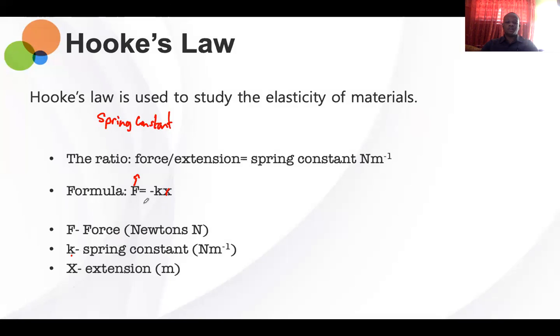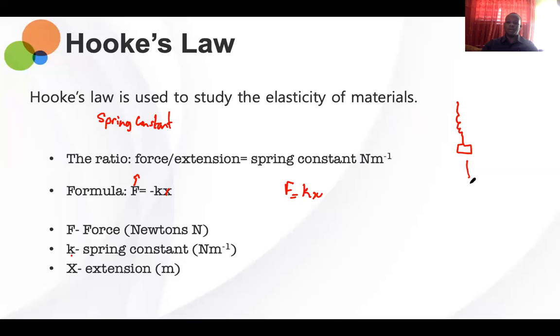All right. So remember that this is our formula: F equals kx. The negative here means that it's in the negative y direction. So whenever we're pulling, let's say, a weight here, it's going down.